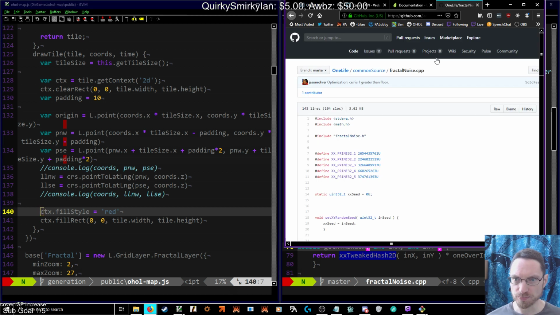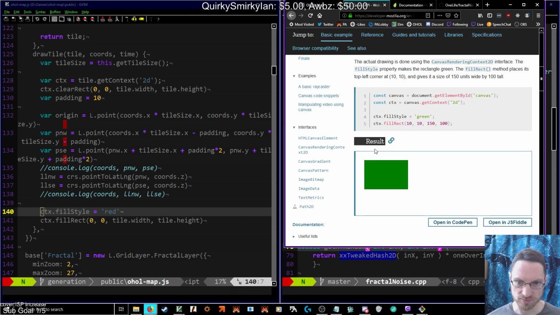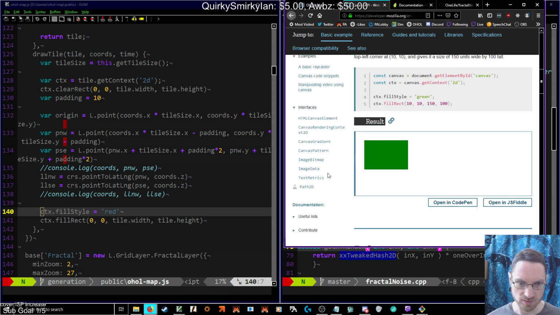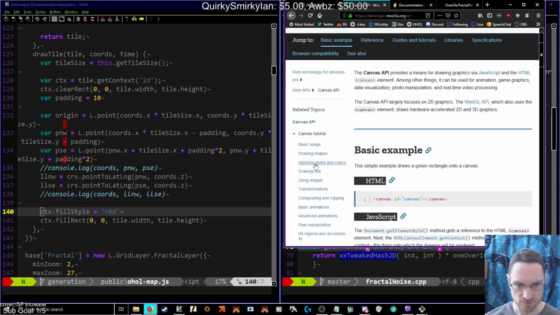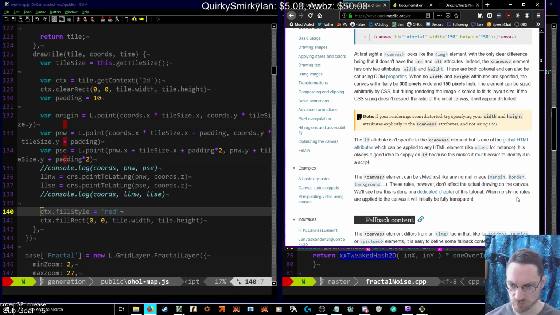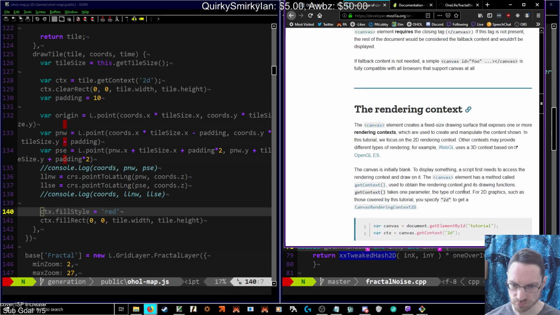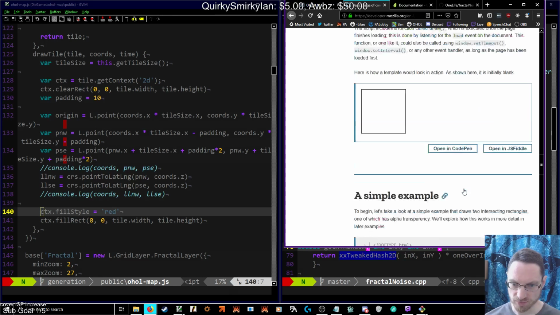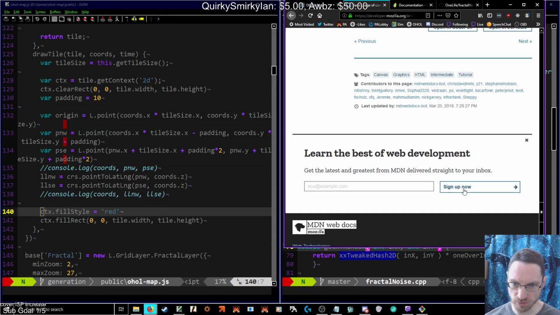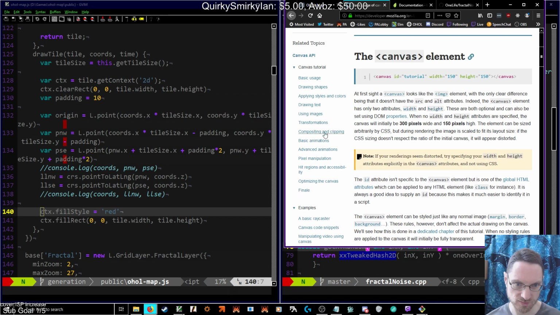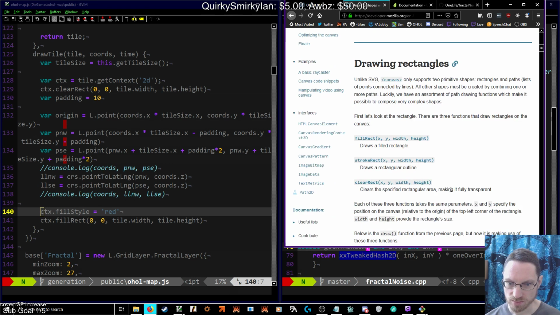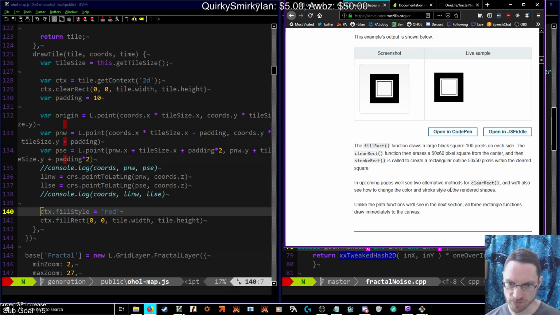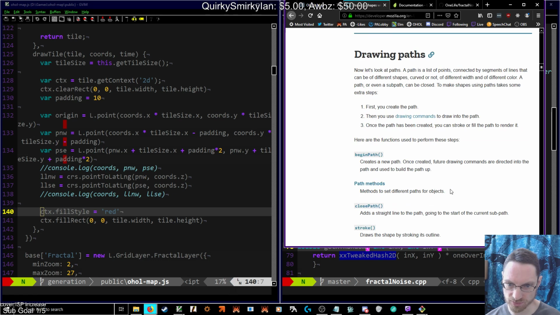And this is where we need to look up individual pixel plotting. That might be image data. Basic usage. This might be too basic. So we could definitely fill rect. But is there a thing that's optimized for single pixels?